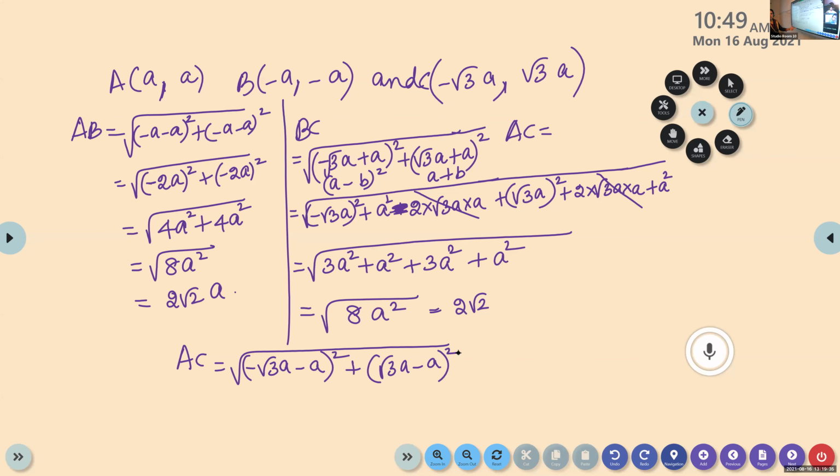Look here, we get both the terms as negative in the first one. When both the terms are negative, it will be the same as a plus b the whole square. So we can write this as root 3a plus a the whole square.